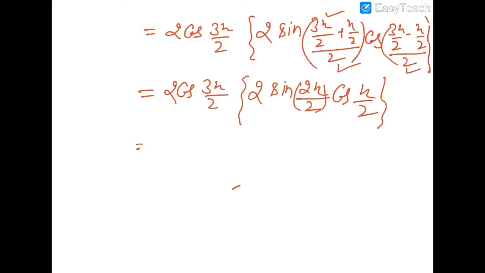Now after that, this 2 cancels, this is sin x, this is cos x by 2, and 2 is multiplied here, so you will get 4 sin x cos 3x by 2 into cos x by 2.